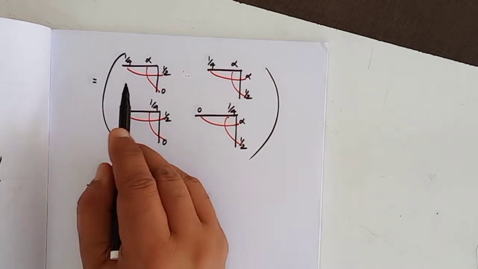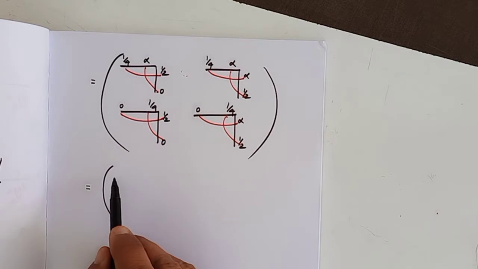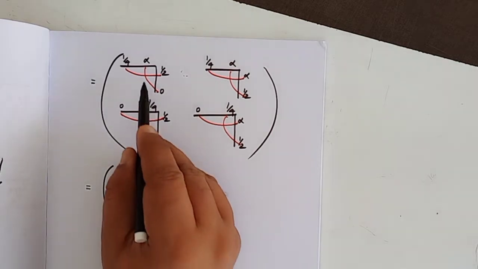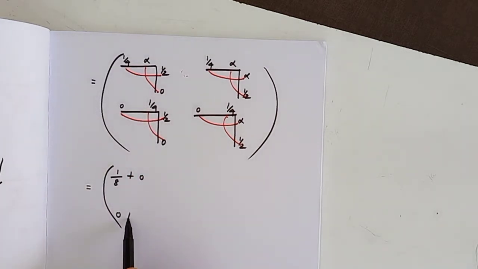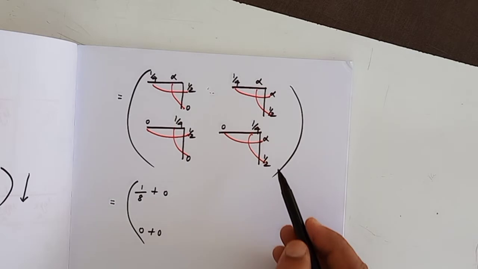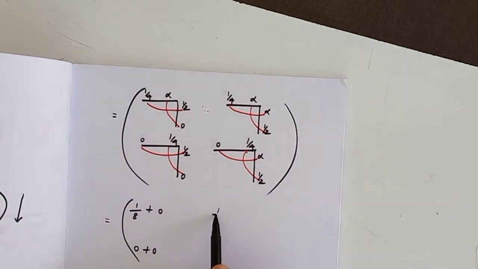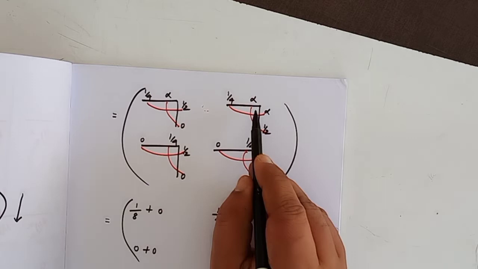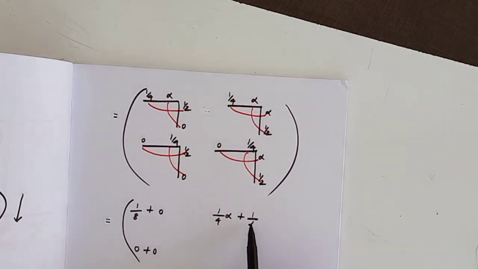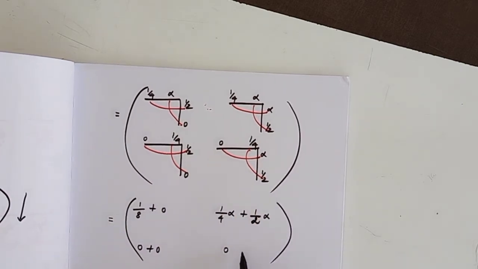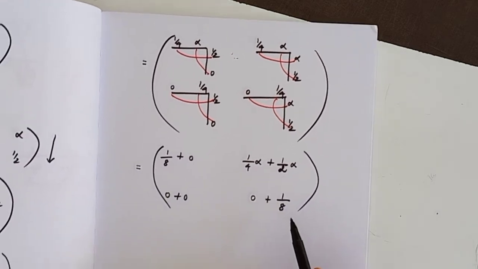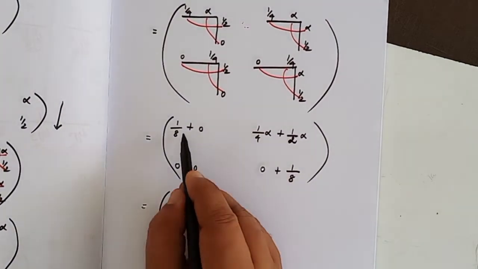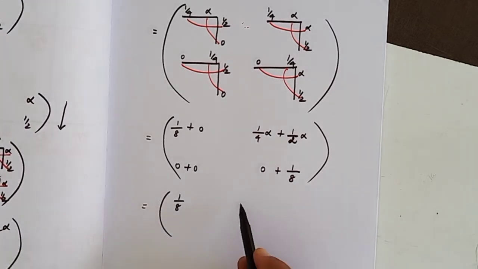Now we multiply 1/4 into 1/2, that is 1/8, since 4 2s are 8, plus alpha into 0, that is 0. 1/4 into 0 is 0. Next, 1/4 into alpha is 1/4 alpha, plus half into alpha, that is half alpha. Here 0 into alpha is 0, plus 1/4 into 1/2, that is 1/8. So that is 1/8 plus 0, that is 1/8.